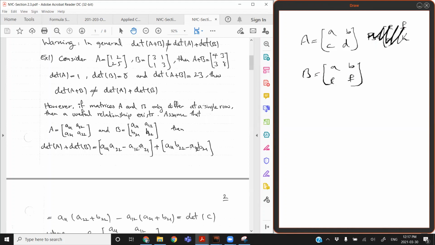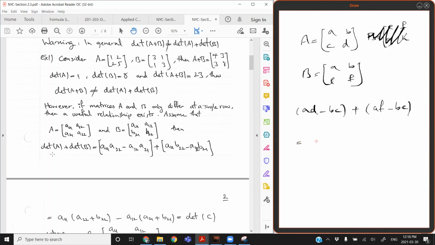So if you look at the determinant of A here, we get AD minus BC. If you look at the determinant of B, and if we add them up, we get AD minus BC plus AF minus BE. So now we can rearrange this.